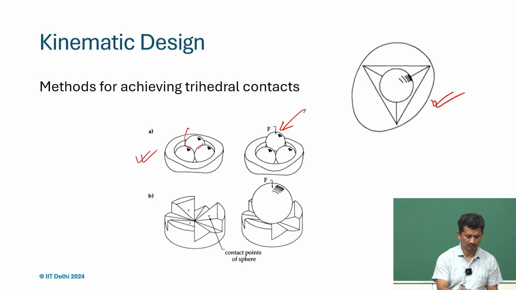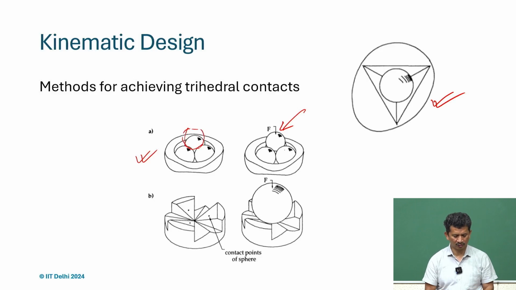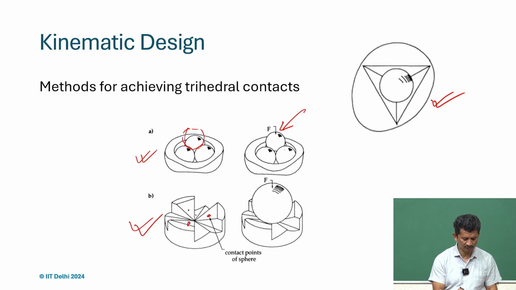It will sit on those 3 balls and make 3 contacts, or we can use some kind of machining method, an ingenious method. We create the surface and then crisscross along 120 degrees, and we will be able to create the surfaces. So, this will be the trihedron hole, and we can place it.